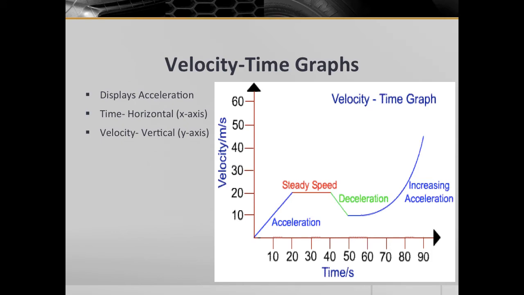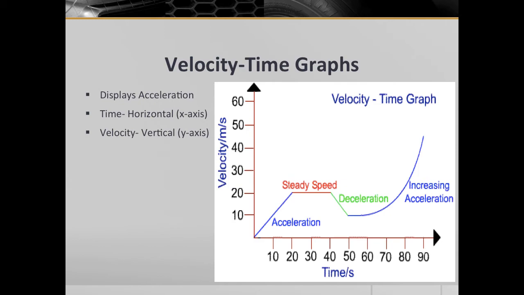Velocity time graphs display acceleration. Time, again, is on the horizontal axis, or the x-axis. Velocity is on the vertical axis, which is the y-axis. This is a graph to show you an example of what each line means on a velocity graph.